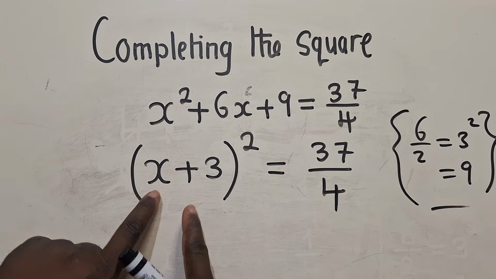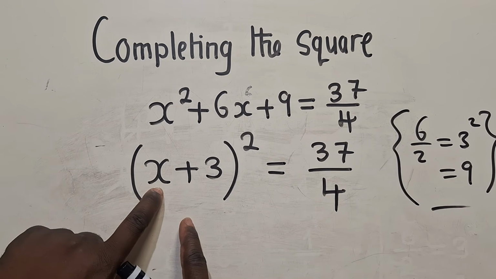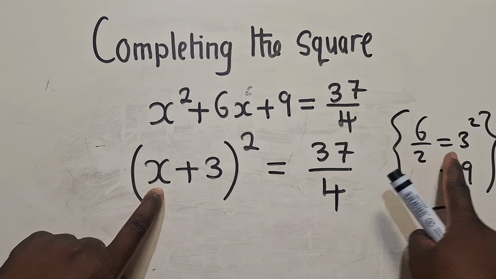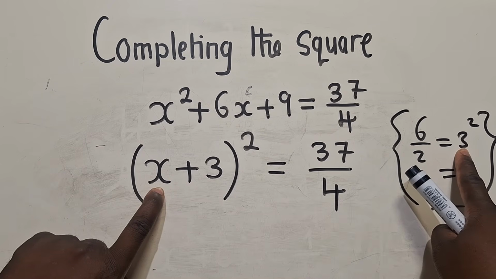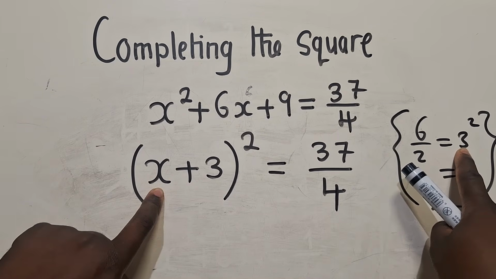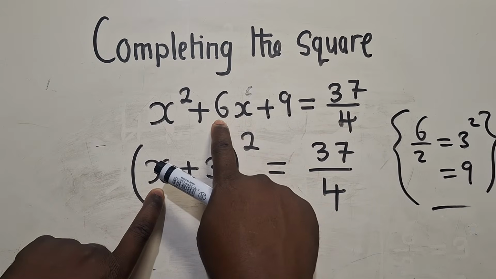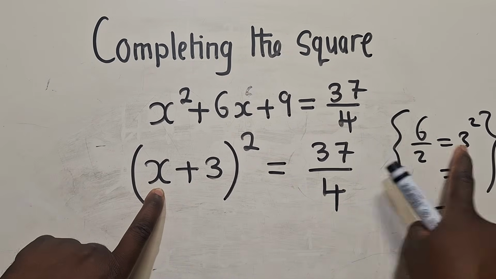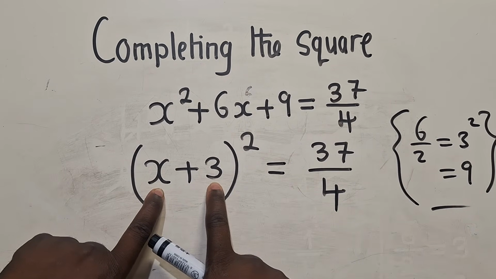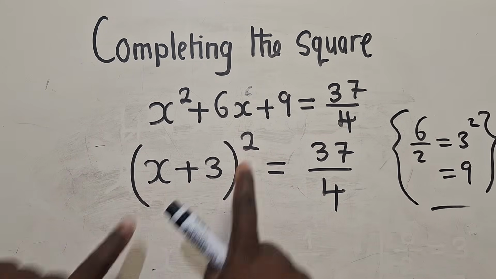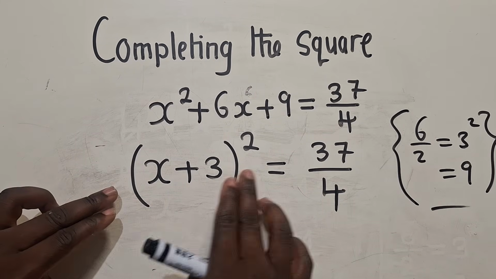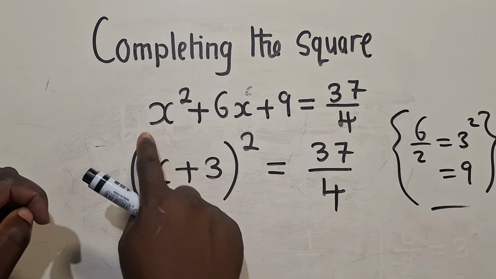So I want you to understand something. When you reach this point, you get the x, you write it here without a power, and then you come here, get the number that you got, or the answer that you got after dividing this 6 by 2. It gave us a 3. So write the 3 here, okay? And then you bring the power 2 here. So if we simplify this, it will give us this.